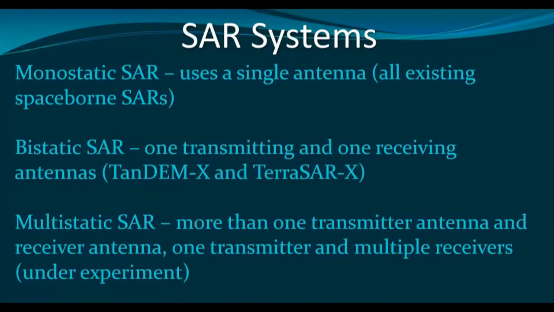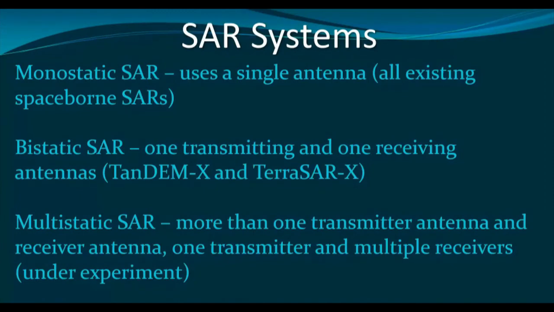In case of monostatic SAR, it uses a single antenna for throwing the energy and also for receiving the energy. I mean, a single antenna will be used as transmit antenna as well as receive antenna. The energy will be thrown by the antenna, and the same antenna will be used to receive the energy, and this will be coordinated by a duplexer.